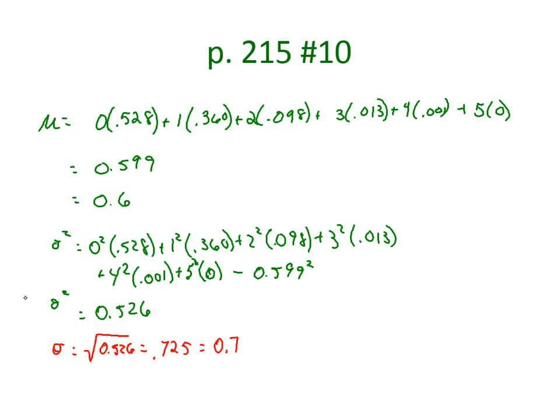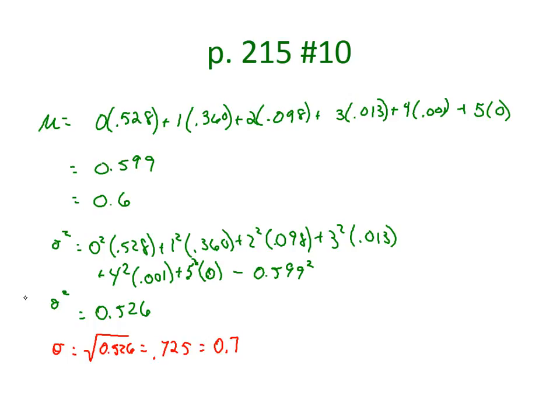So this is telling me how far off we're anticipating those means. Questions there? So now the mean number of babies that we anticipate is 0.6 with a standard deviation of 0.7.